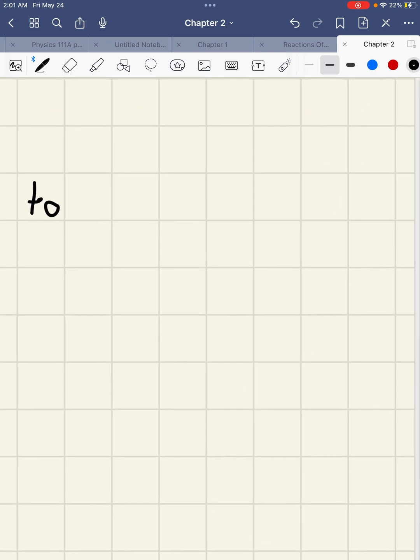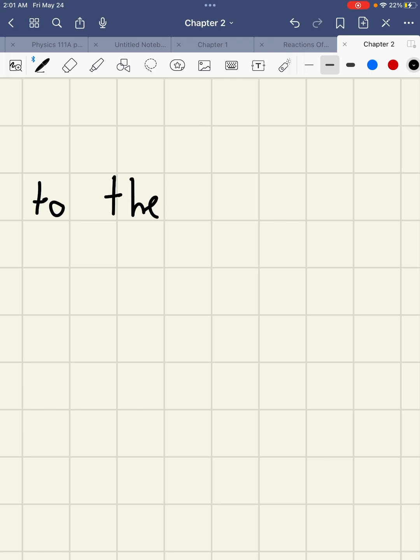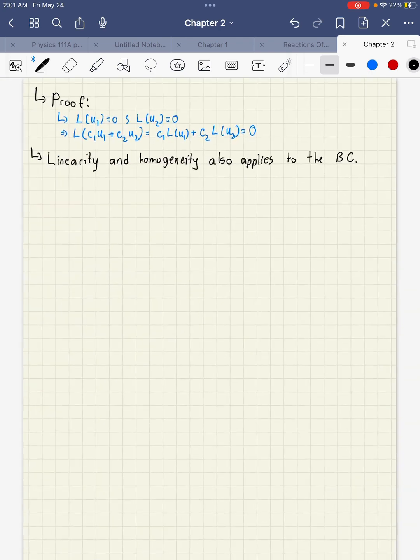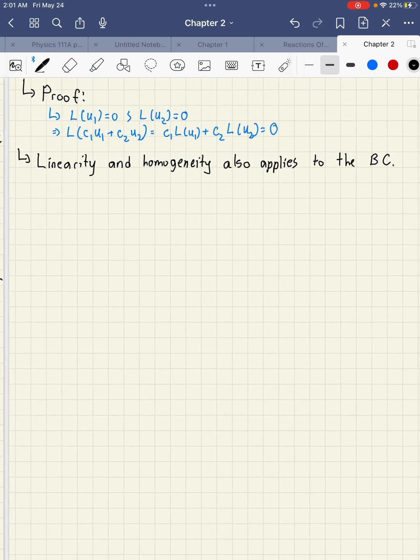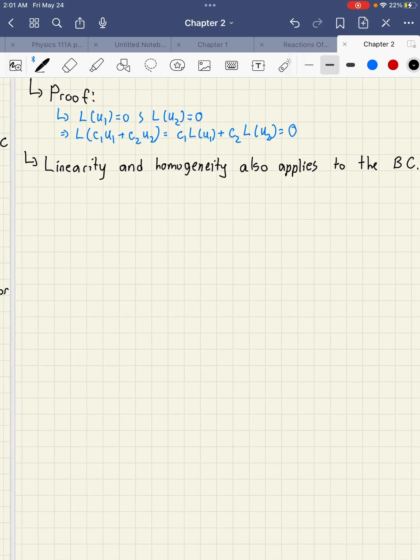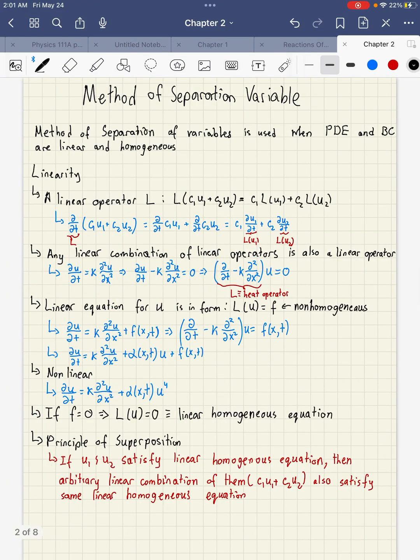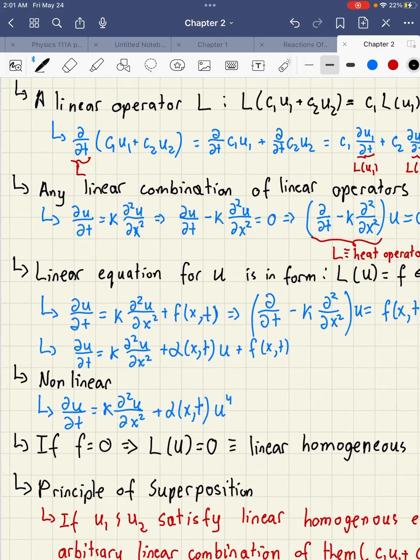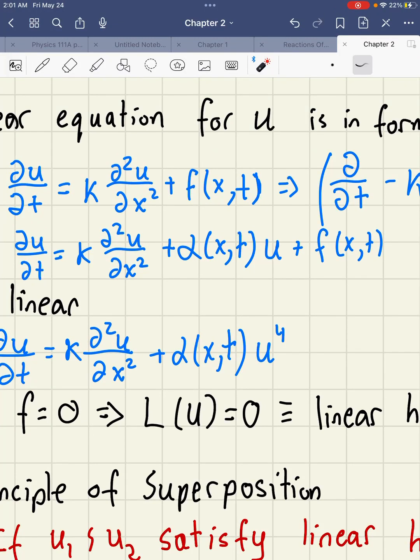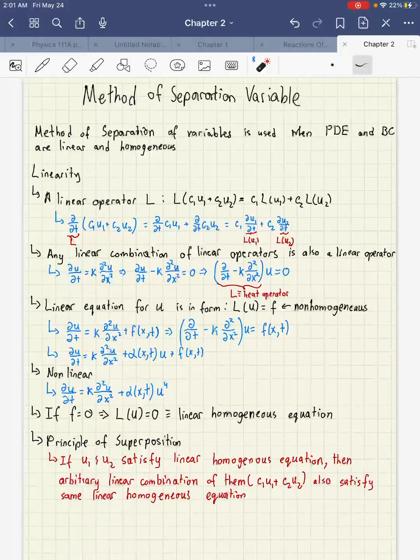Similarly, the same examples work for the boundary conditions. Instead of x, you just write either x equal to 0 or x equal to L and have the same format. As long as it's the same format, you are fine.